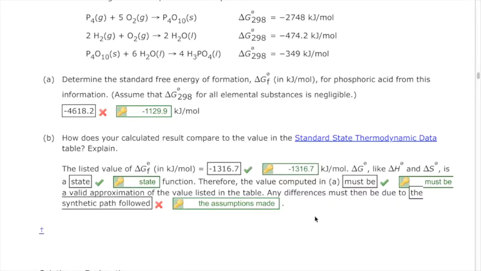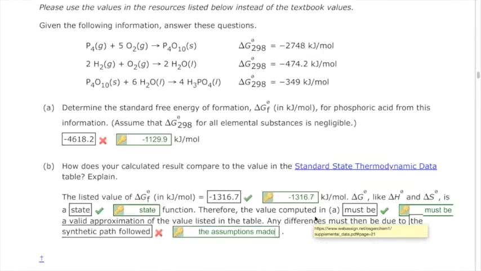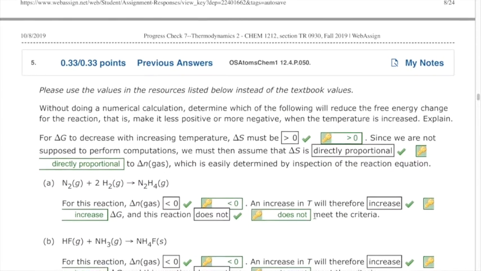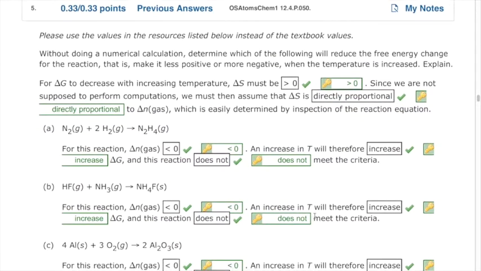All right, let's continue. On to number 5. All right, so this is important stuff here. Again, we're stepped through a problem with some fill-in-the-blank stuff at the top. For delta G to decrease with increasing temperature.